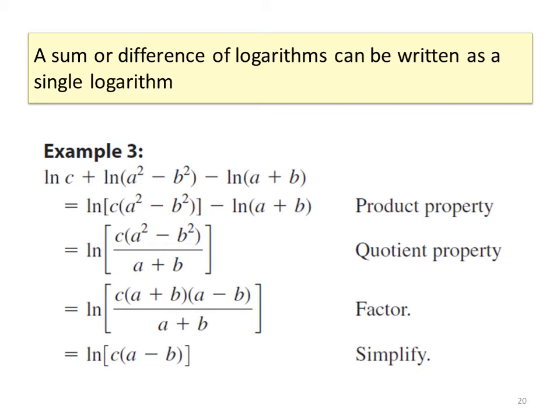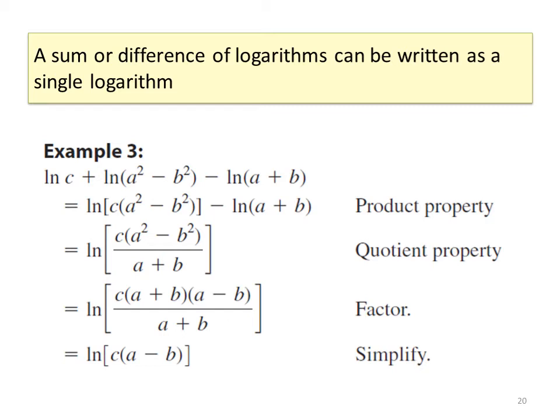We will see how to apply this. For example, the expression ln c plus ln a squared minus b squared minus ln a plus b. Now the sum of the first two terms, ln c plus ln a squared minus b squared, can be written as one logarithm as ln the product of c and a squared minus b squared, minus ln a plus b.